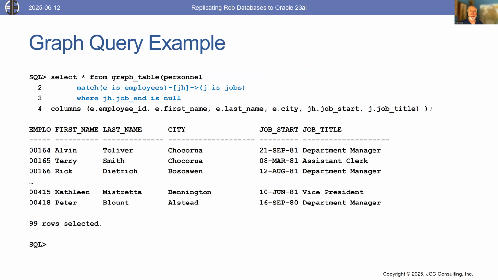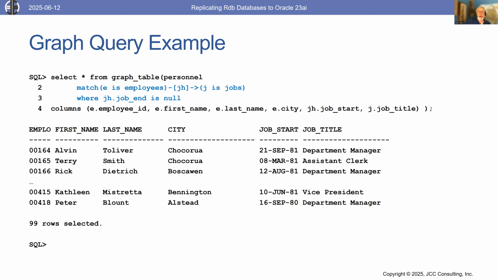So I've created this. And then in my SQL query, I'm going to include a match statement that specifies a graph pattern. And this is a simple example where we know that there's this thing called job history in the relationship.